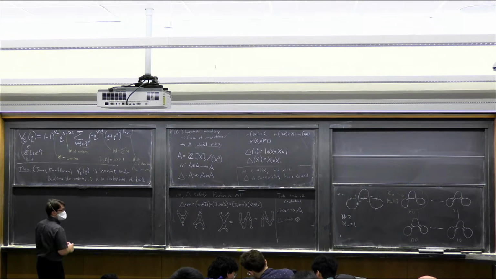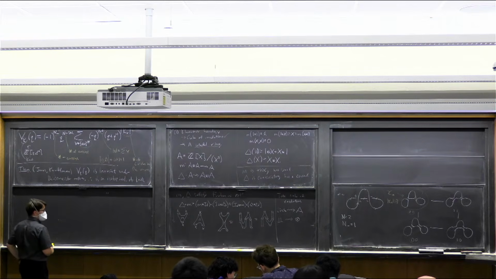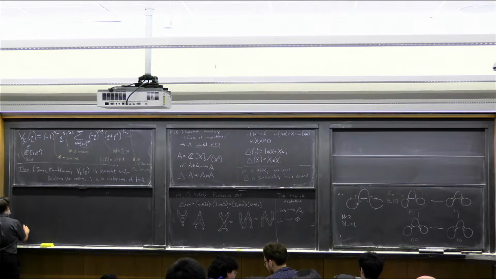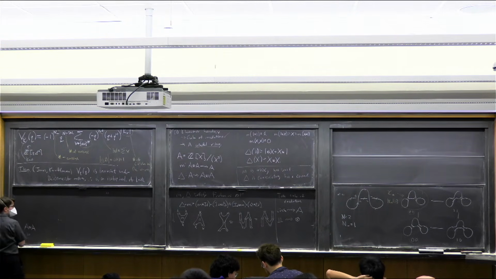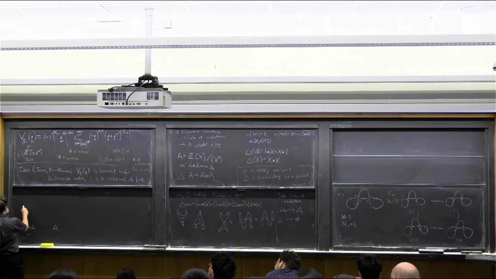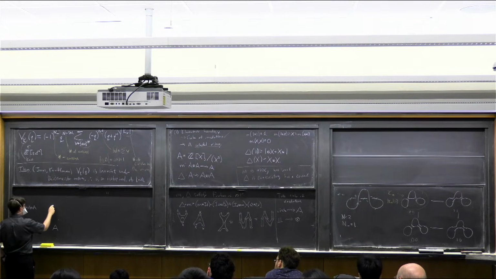So in my cube of resolutions, at the 0, 0 vertex, I had two circles. So I have A tensor A. At this vertex, I had one circle. Here I had three circles. And here I had two circles.